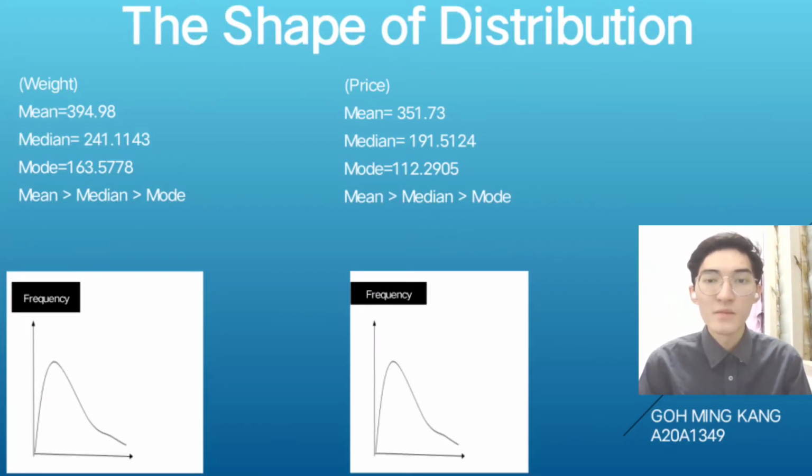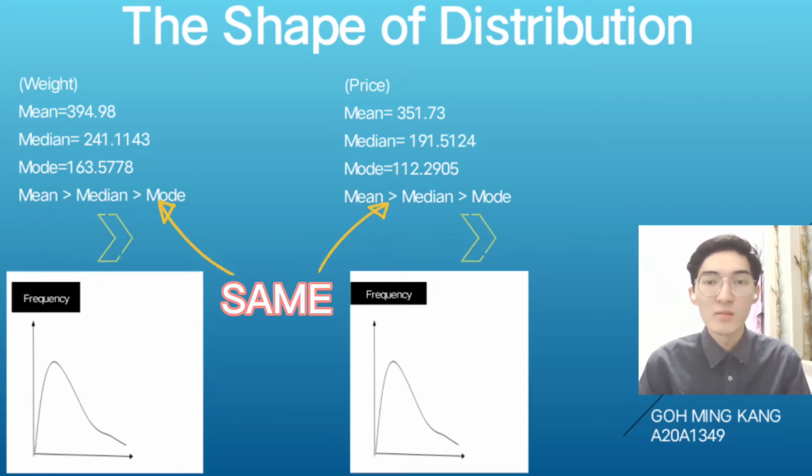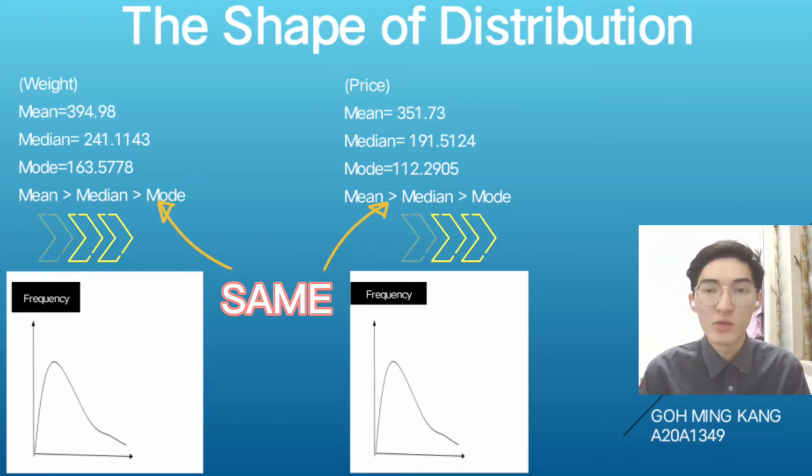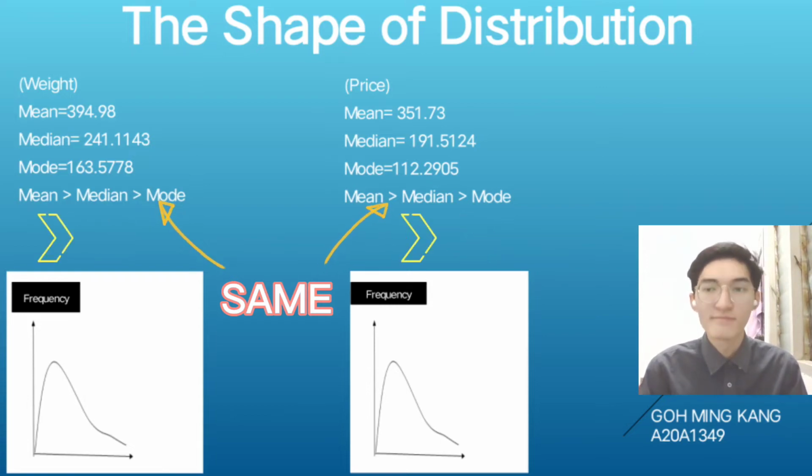On the other hand, the shape of distribution for wedge and price are the same, which is skewed to the right because mean is greater than median is greater than mode. That's all for me. Thank you.